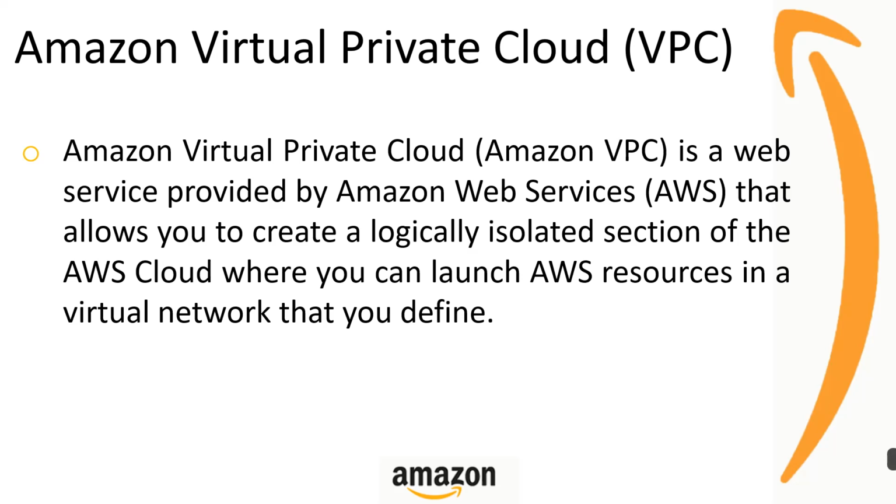So the main important thing is this isolation. Isolated means it's completely isolated from each other, and only we can access this isolated section; otherwise no one can access it from outside.